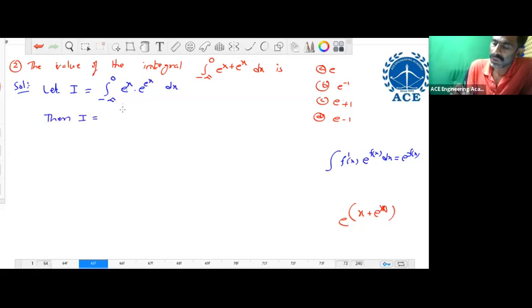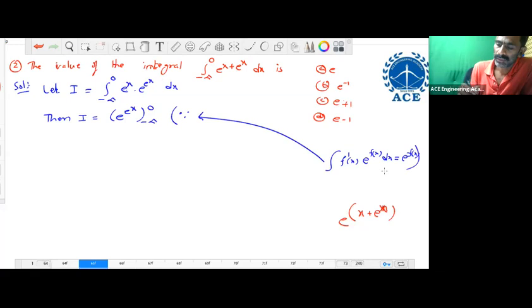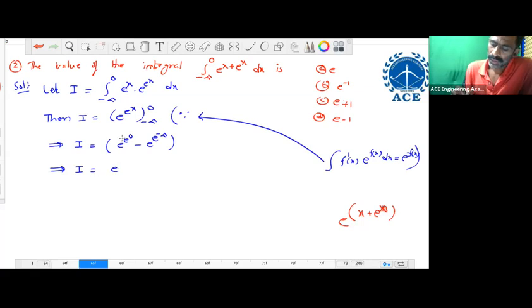Then I equals e power (e power x) from minus infinity to 0, which implies I equals, for the upper limit, e power e power 0 minus e power e power minus infinity. e power 0 is 1, e power minus infinity is 0, so e power 1 minus e power 0.